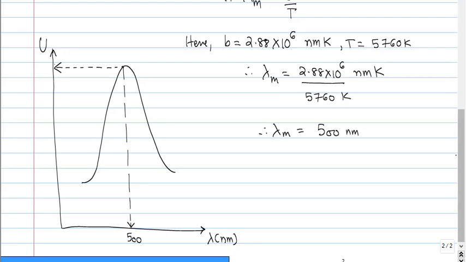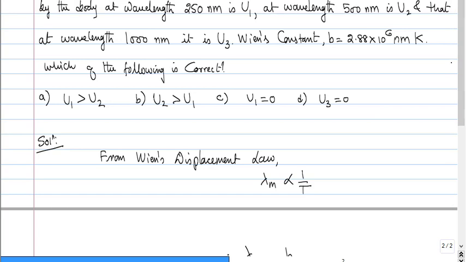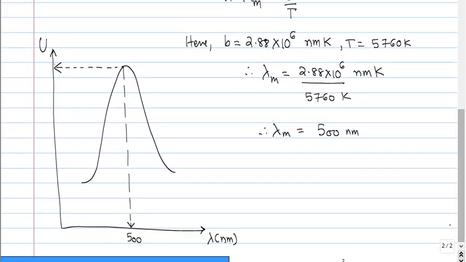Now at 500 it is U2, therefore this will represent U2, and at 250 it is U1. If 500 is here, somewhere here 250 is. So somewhere here if I say 250 exists, then the corresponding is U1, and U3 is at 1000.